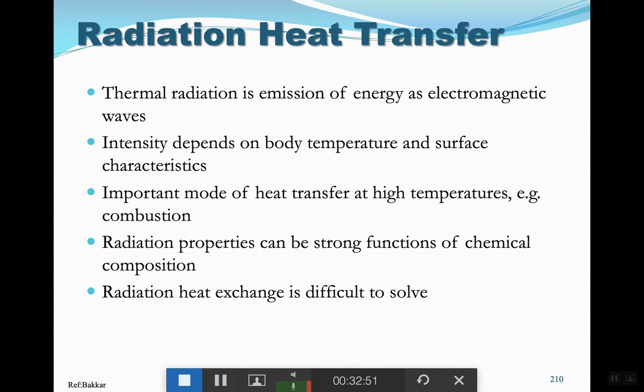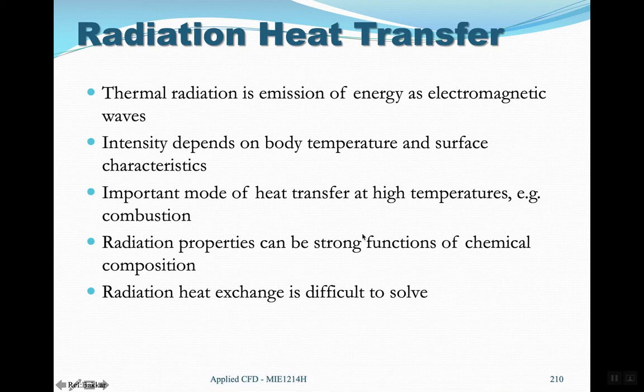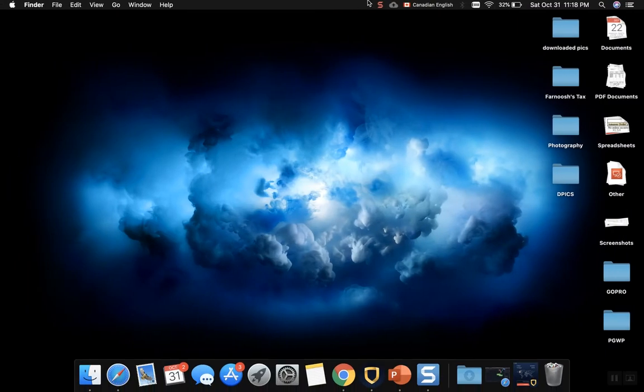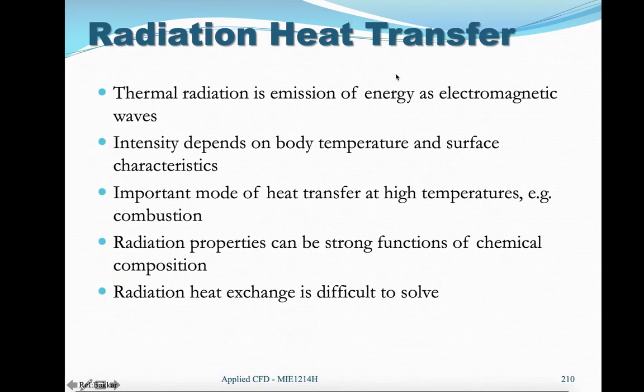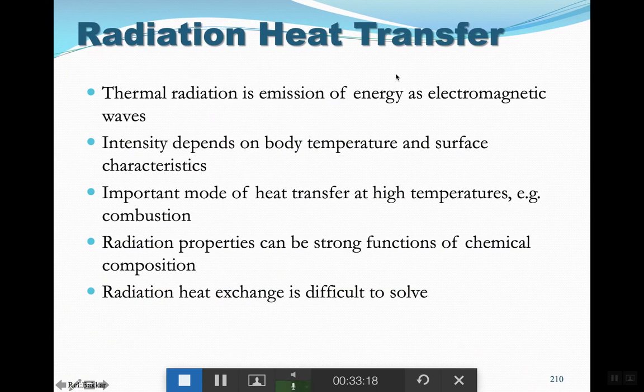In radiation heat transfer, thermal radiation is defined as emission of energy as electromagnetic waves. As we said, you don't need a material substance to transfer this, so it can be transferred in vacuum as well. Because the heat transfer is through emission of electromagnetic waves, the intensity of the heat transfer through this method depends on the body temperature and surface characteristics.